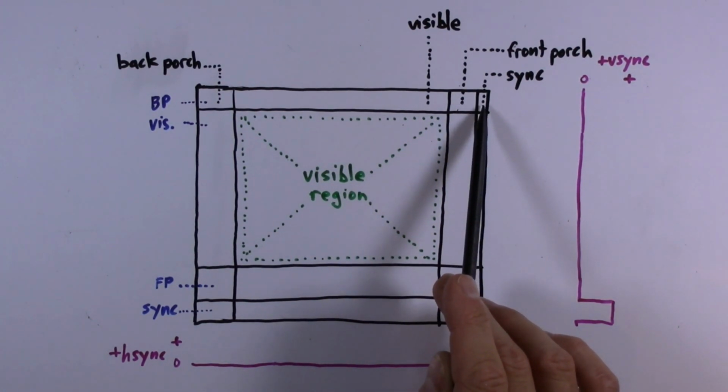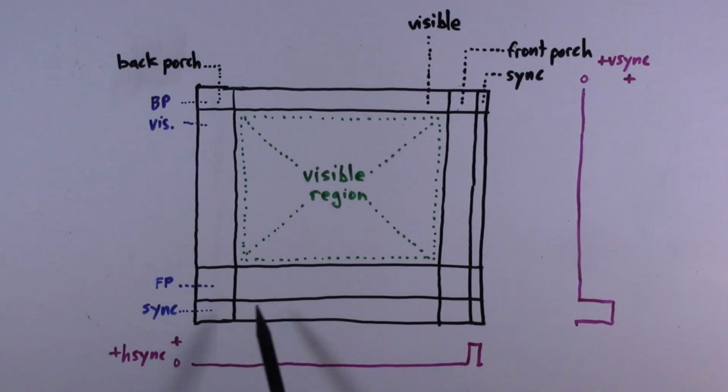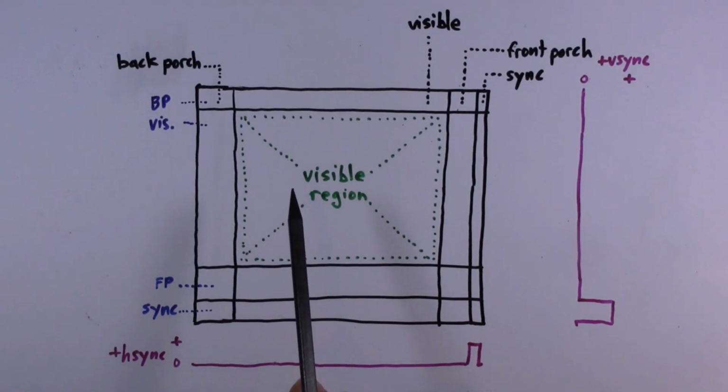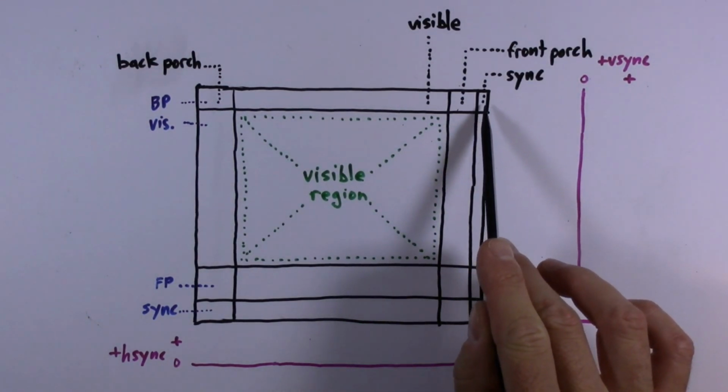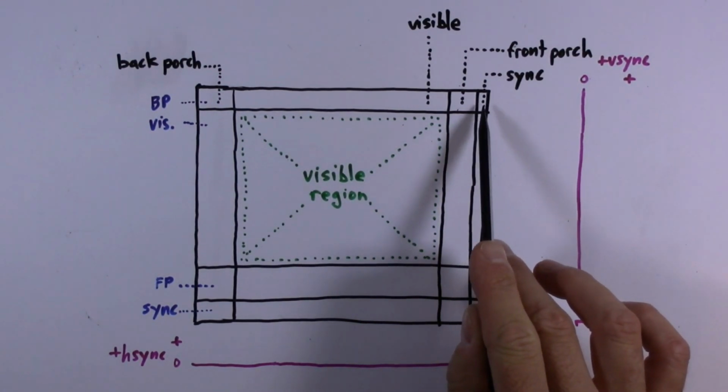In the sync region, the horizontal sync signal, the H-sync signal, is going to have a pulse, and that is essentially what allows the monitor to synchronize on the horizontal part of the signal. And the 800 by 600 video mode has a positive sync pulse, so the H-sync signal is normally low, but then we generate a positive pulse when we are within the sync area of the row.